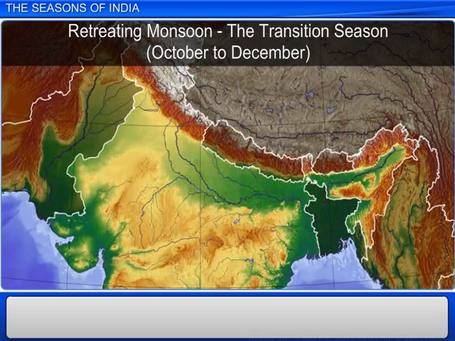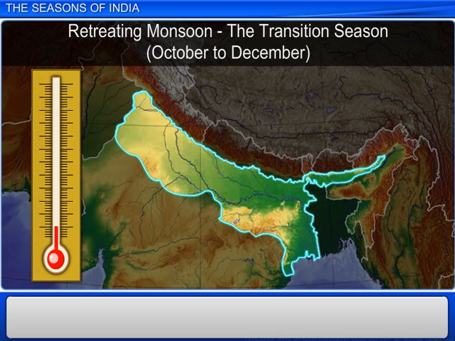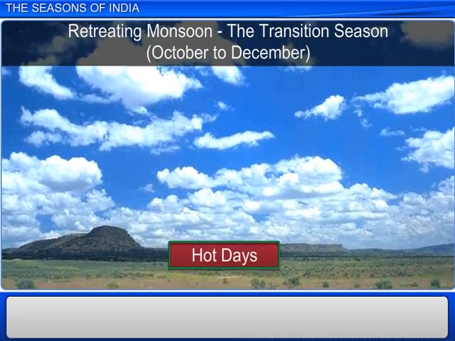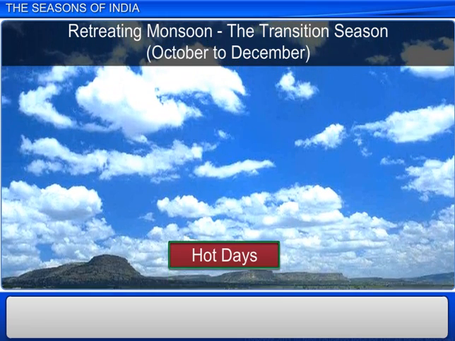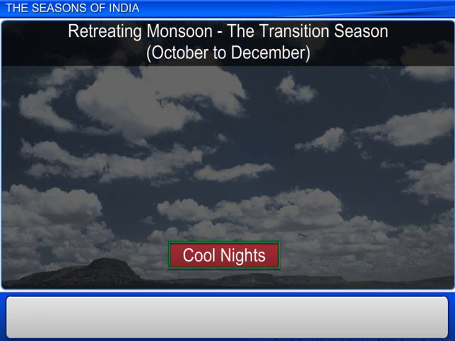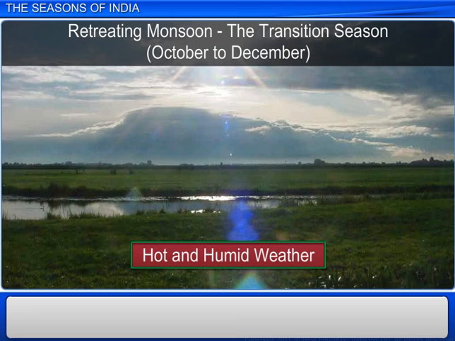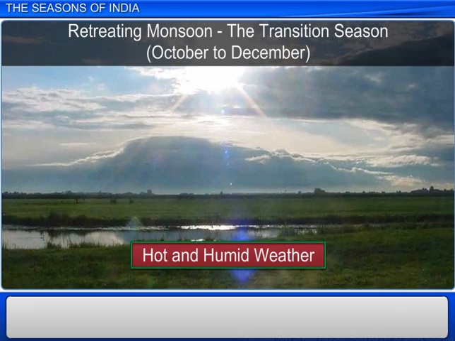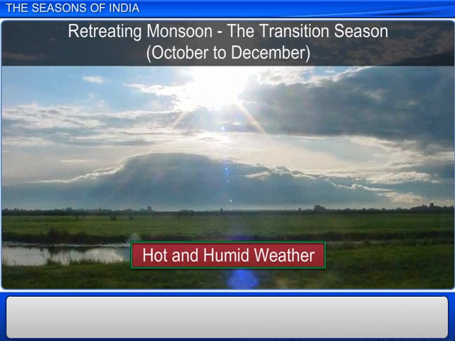The retreating monsoon season is marked by clear skies and a rise in the temperatures. The temperatures during the day are high. However, the nights are cool and pleasant. Since the land is still moist, the weather becomes hot and humid.